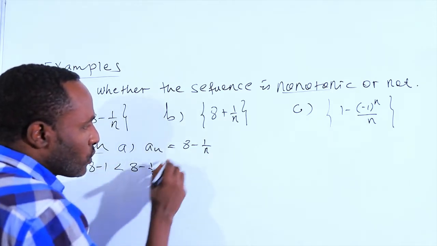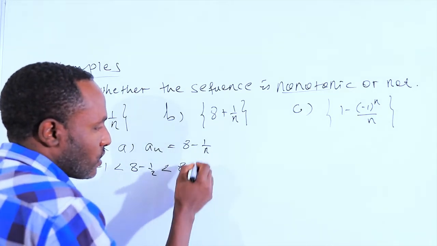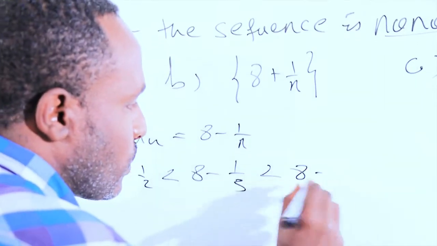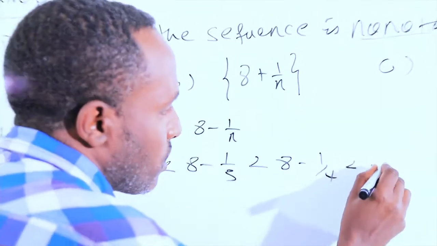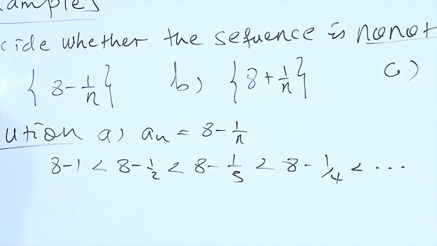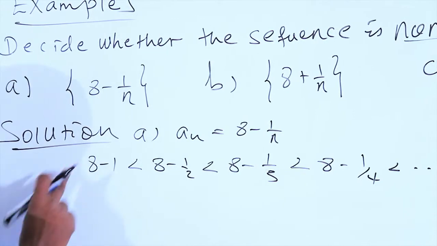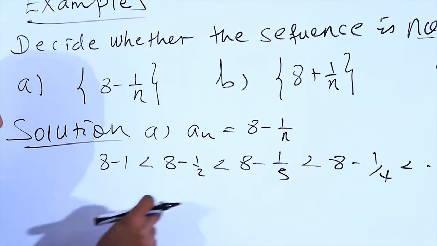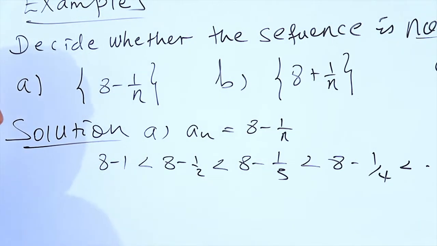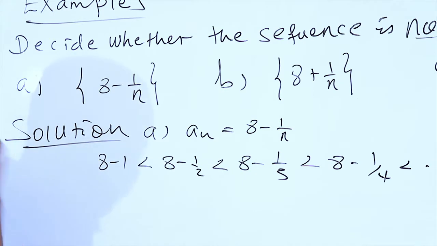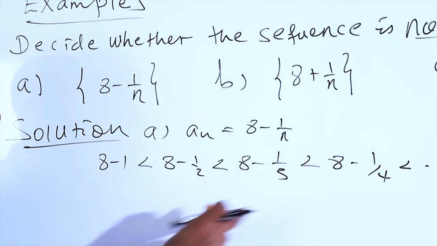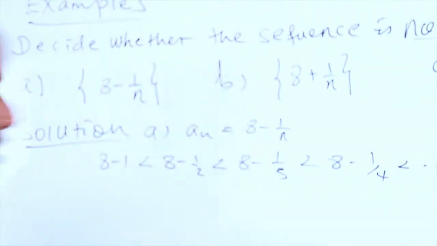And again, this is also less than 8 minus 1 over 3, which is less than 8 minus 1 over 4, and so on. With n equal to 1, 8 minus 1 is 7, and with n equal to 2, 8 minus half is 7.5, so 7 is strictly less than 7.5. Therefore, a1 is less than a2, a2 is less than a3, and a3 is less than a4.